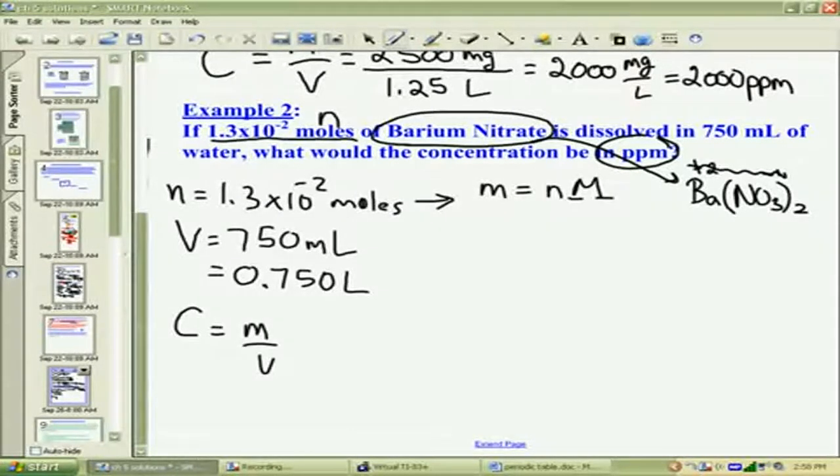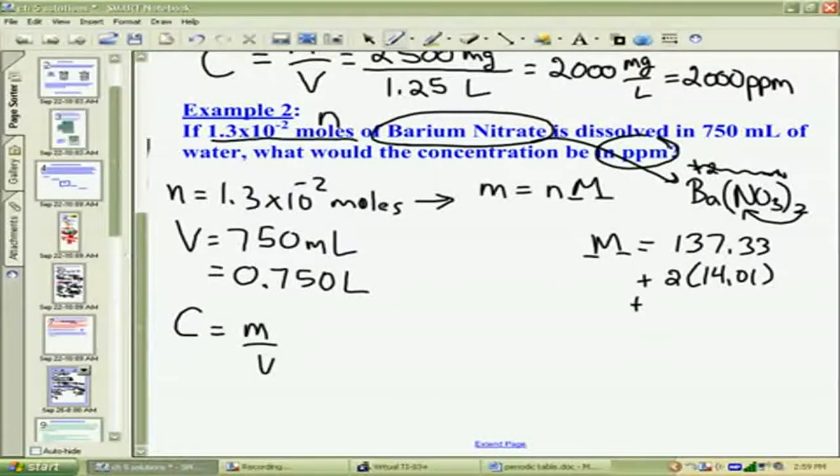So for the molar mass, we need a barium, which is 137.33. You have 2 nitrates, so you've got 2 times 14.01. And you've got 6 oxygens, so 6 times 16.